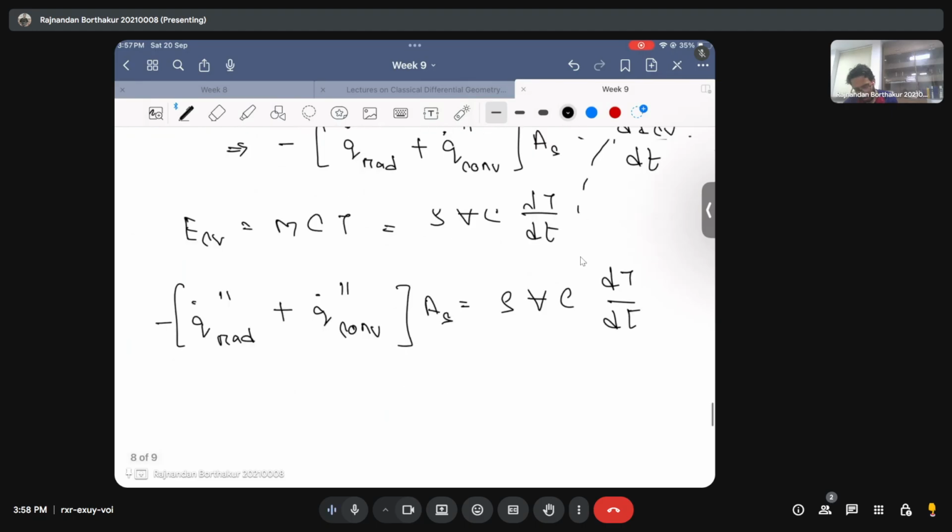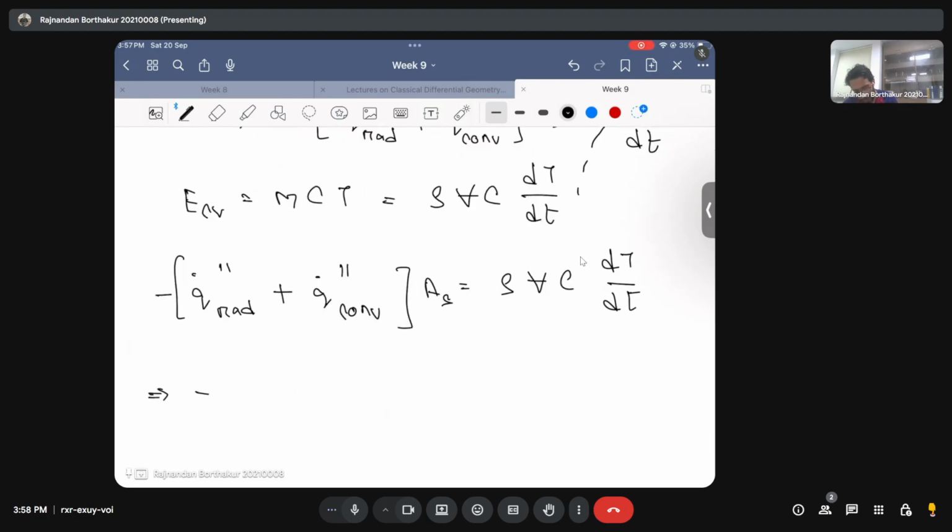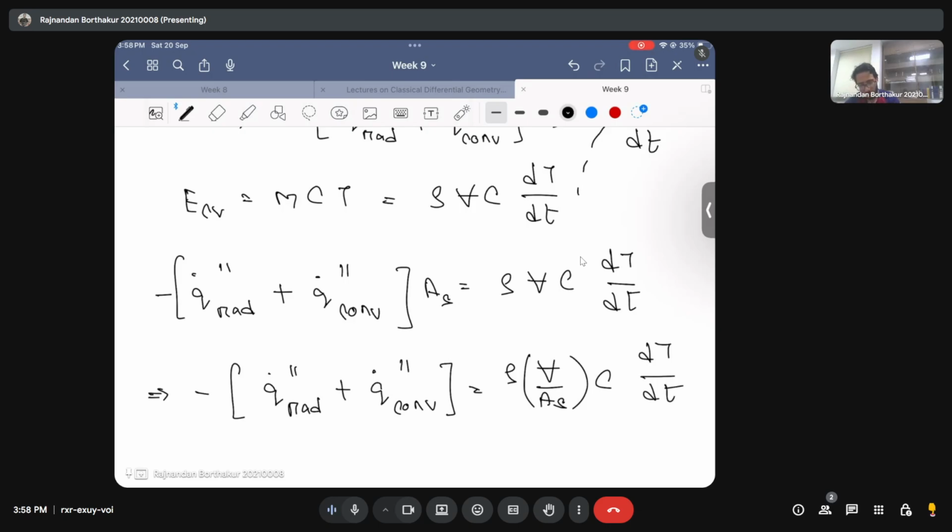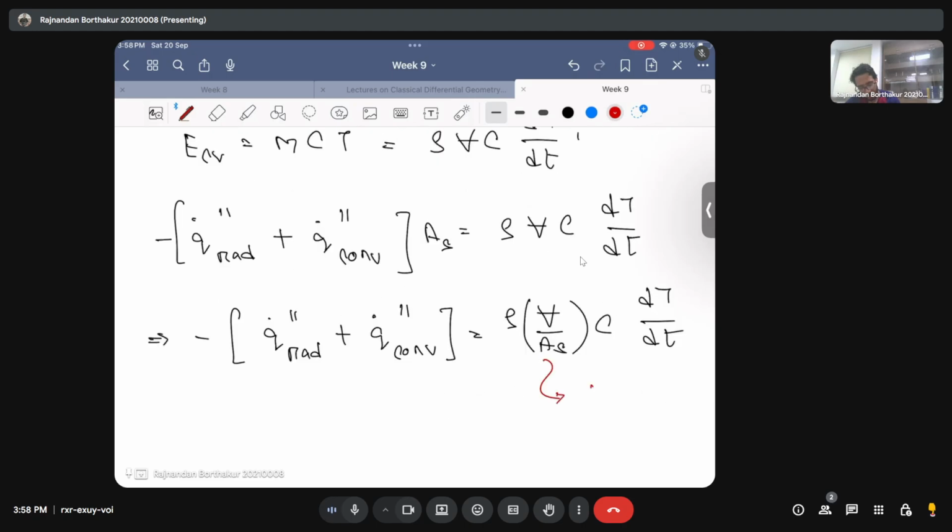What we'll now do is take this AS to the denominator, and we'll write this as rho times V by AS times the heat capacity times dT by dt. You can observe that V by AS is nothing but Lc, the characteristic length of the body, and we know that this is equal to 5 mm. That is already given to us.